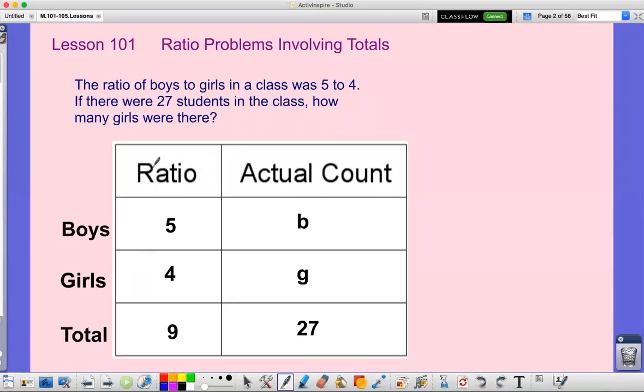You have your ratio, you have your actual count, and you can see that there are boys, girls, and a total number there. If the ratio of boys to girls in a class is 5-4, it has to be in this order, boys to girls. So if this one is boys and this one is girls, you can see it's 5-4.